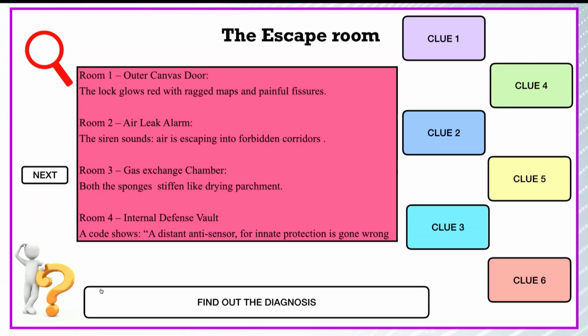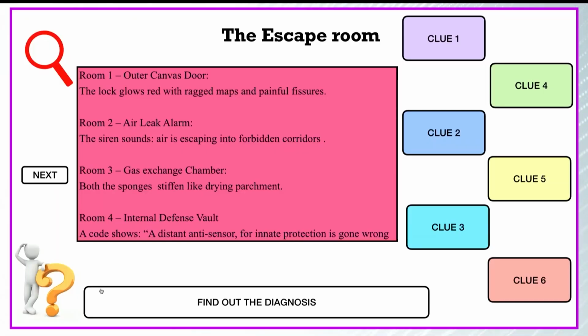Back to the question. So are you going to answer or are you going to the next clue?